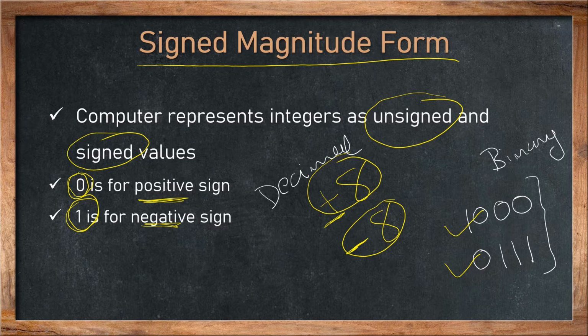To display a positive number we use the 0 sign, and for a negative number we use the 1 sign. So 0 is for positive values and 1 is for negative values. This is the sign magnitude form for binary numbers.